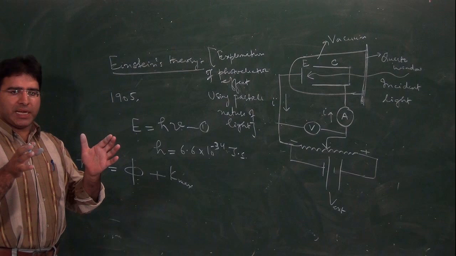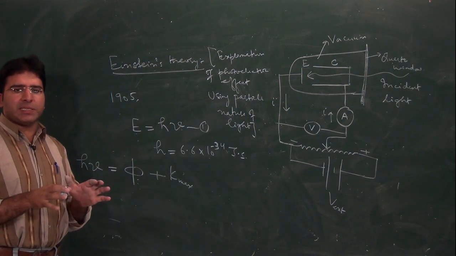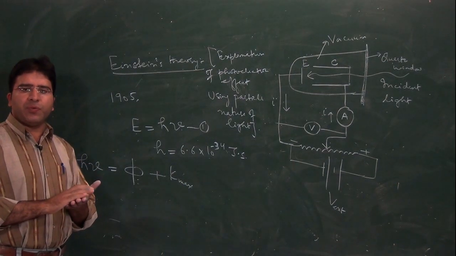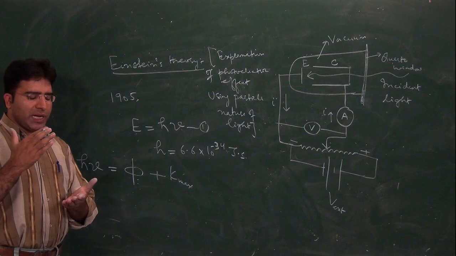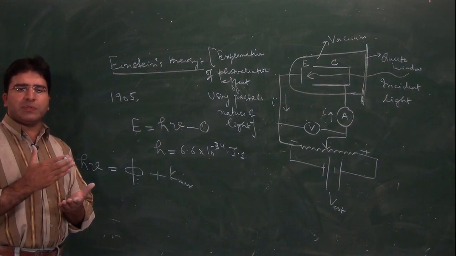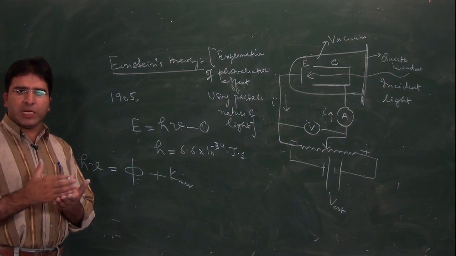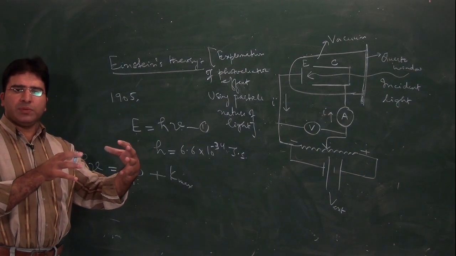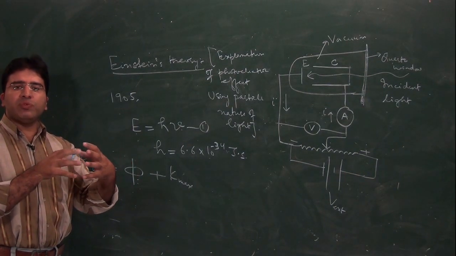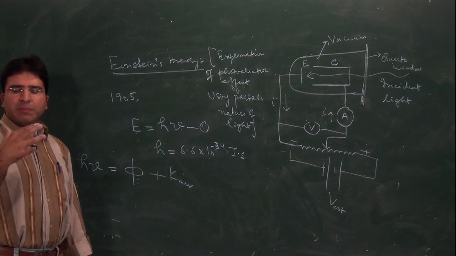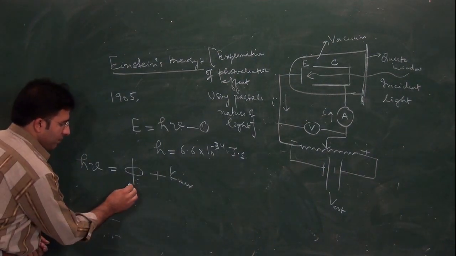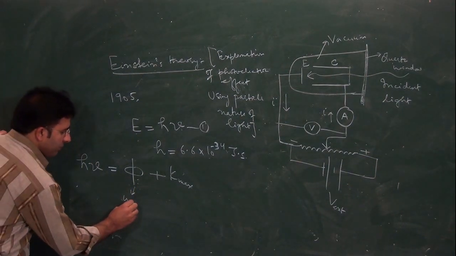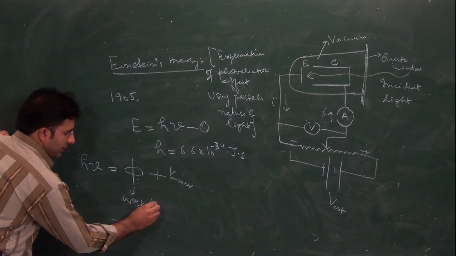It is bound by the attractive forces present in the metal surface. First, you have to make that electron free. So, when the photon strikes the metal surface, first this photon has to overcome the attractive forces by which the electron is bound to that metal surface. It has to do work. For that, it has to spend some energy. That is represented by phi. This phi we call the work function of the metal surface.